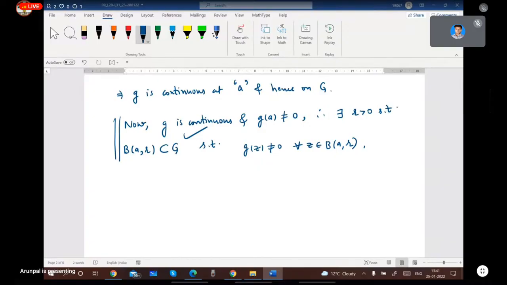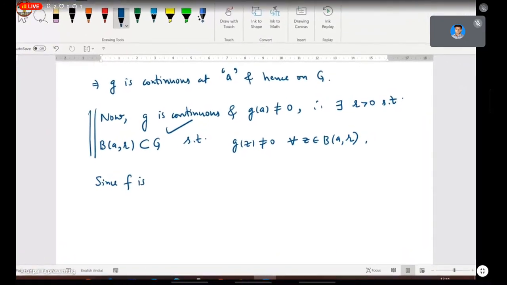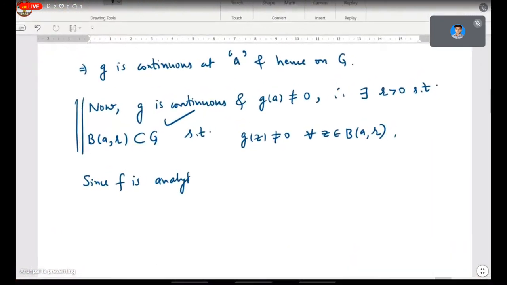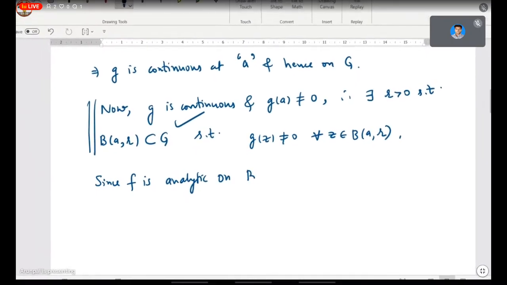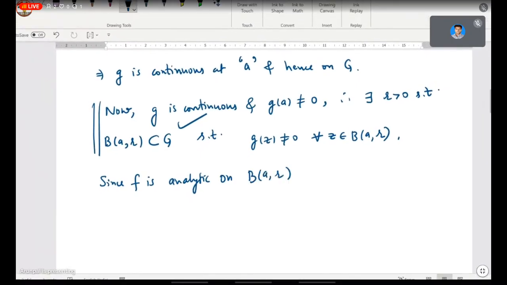Now class, since f is analytic on G, it must be analytic on the ball B(a, r), which is just a subset of G. Right, class?